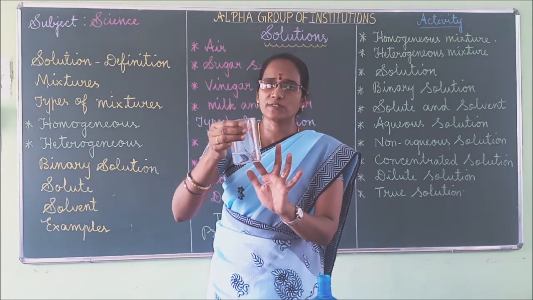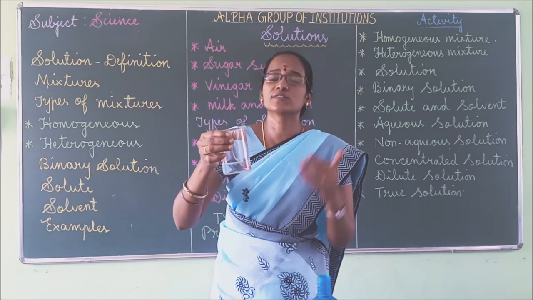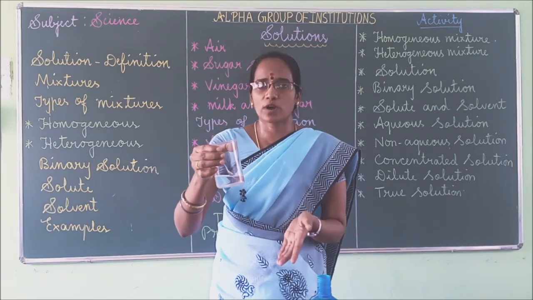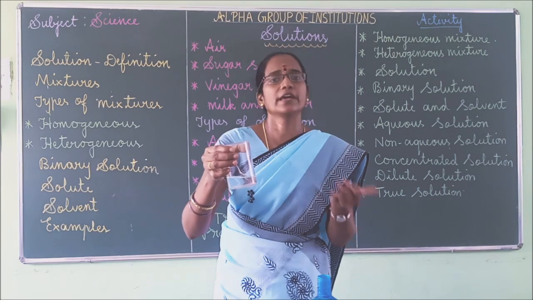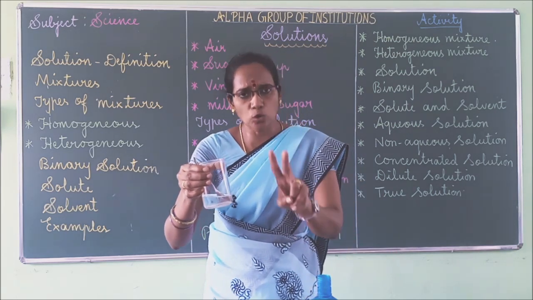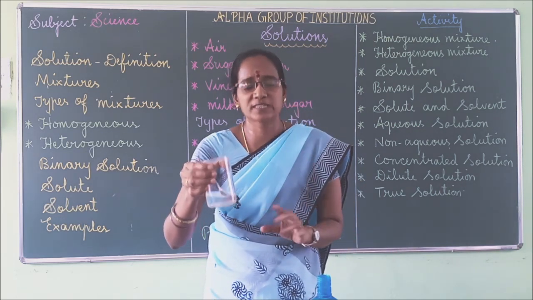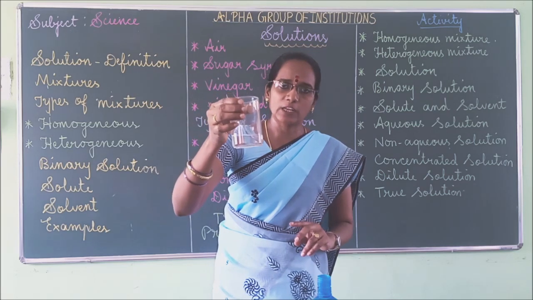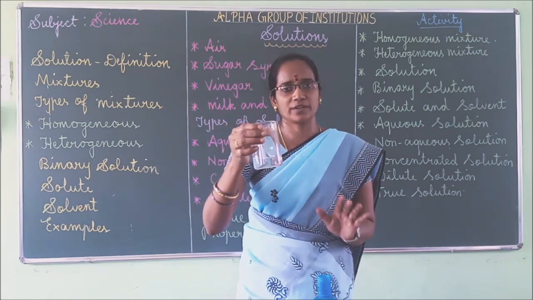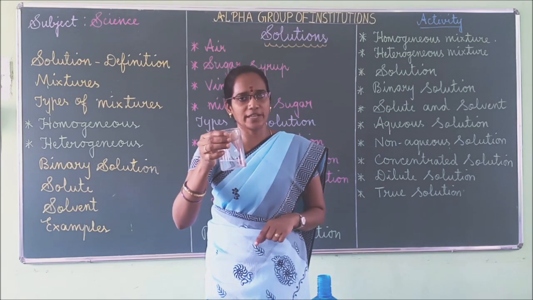Not only baking soda, we can use salt water, sugar water, copper sulphate in water, anything we can use. If we use two components and it gets mixed, then it comes under the category of binary solution. Understood, children? Shall we move to the next one?